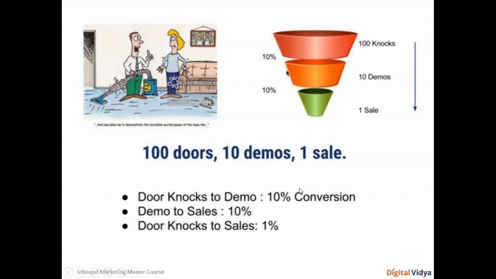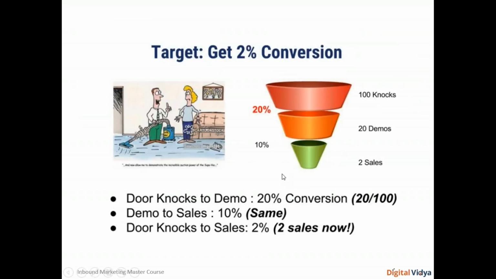And assuming his target gets revised to 2, what can he do? Either he can take up the knock to demo conversion by 20%, or he can take up demo to sales by 20%.